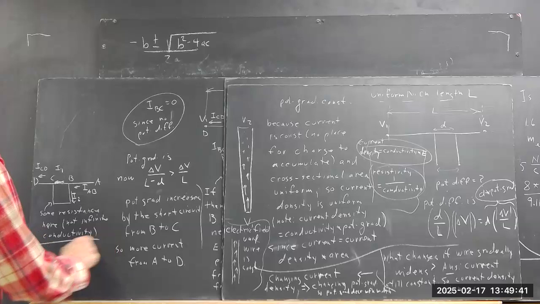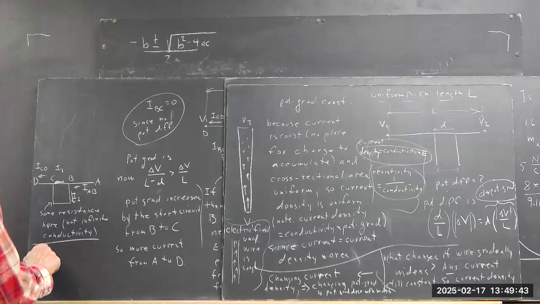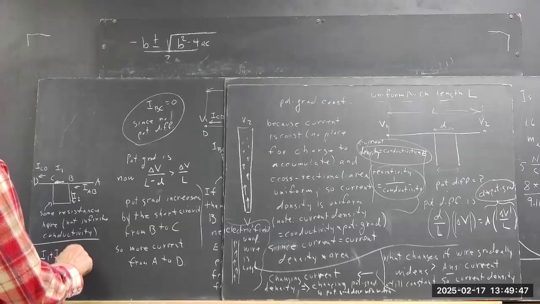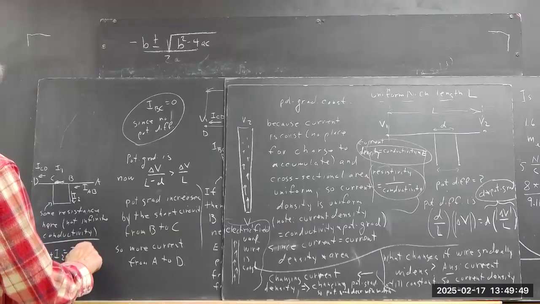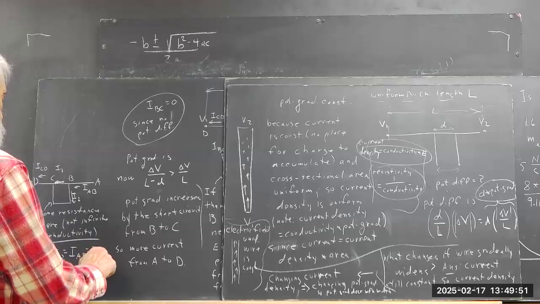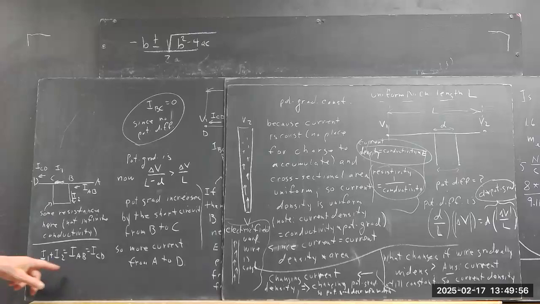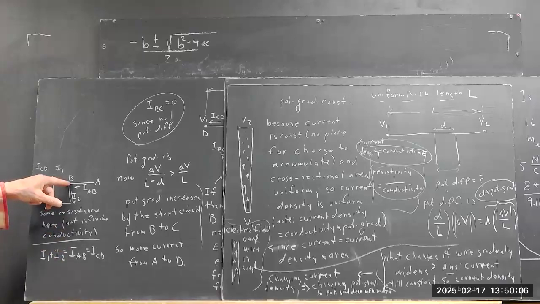Well, I1 plus I2 has to equal I_B, which is equal to I_CD, right? It's called a branch point, and whatever goes into a branch point has to come out of the branch point.